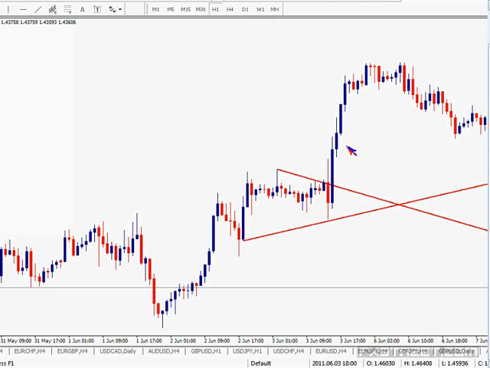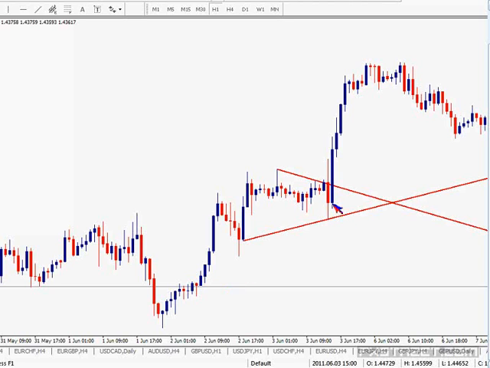Besides, another interesting tip when it comes to triangles is that we draw the base using 2 points, like in this particular case. A third low after these 2 that approaches the base, but fails to test it, is a good signal of an upcoming break to the upside, okay?